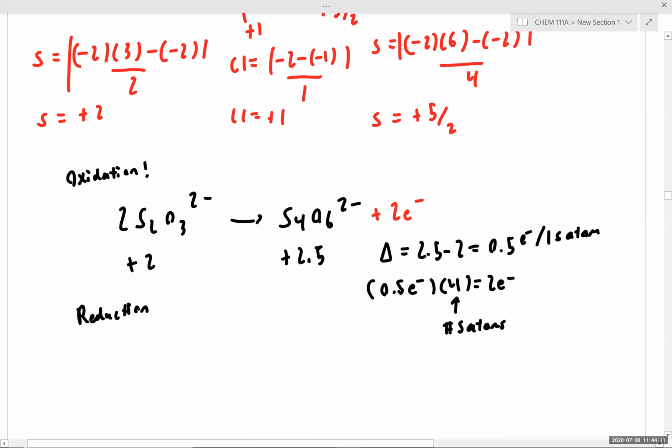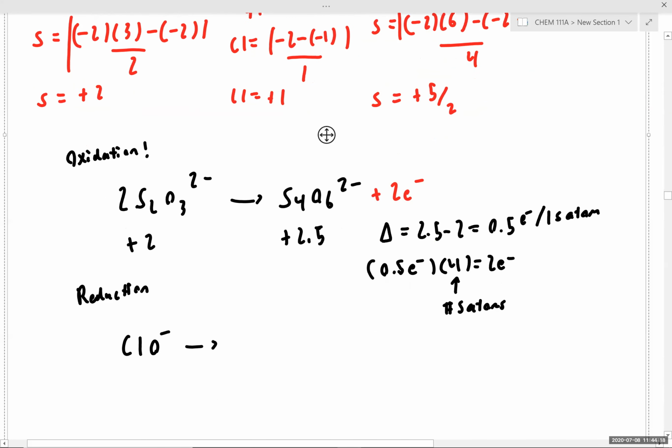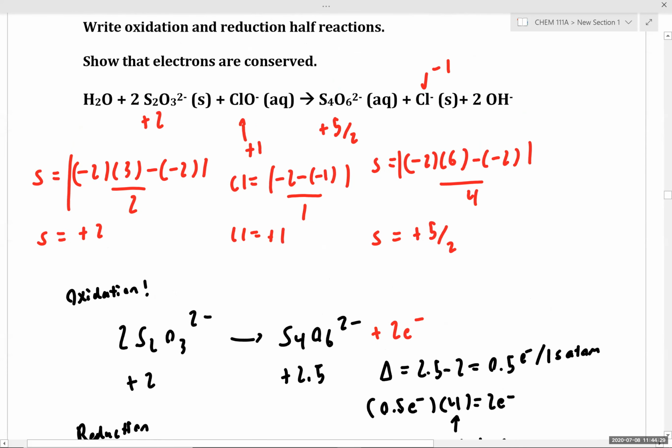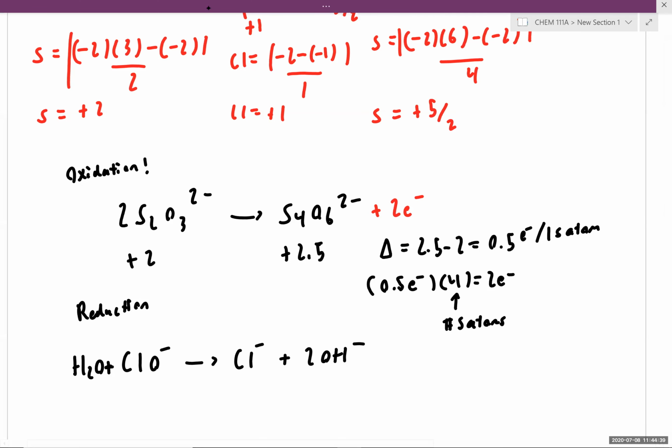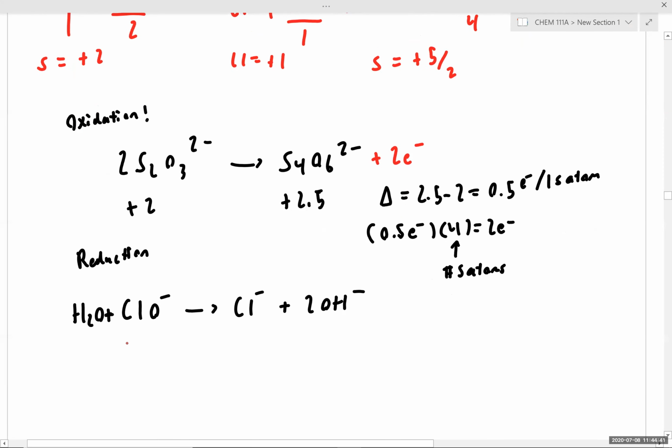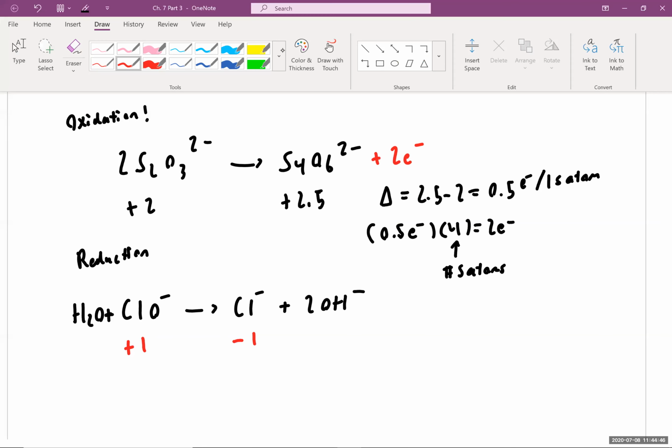Perfect. So for our reduction half reaction, we're going from hypochlorite and water to chloride and 2 molecules of hydroxide. Looking at our oxidation numbers, we went from an oxidation number of +1 to -1 for chlorine.